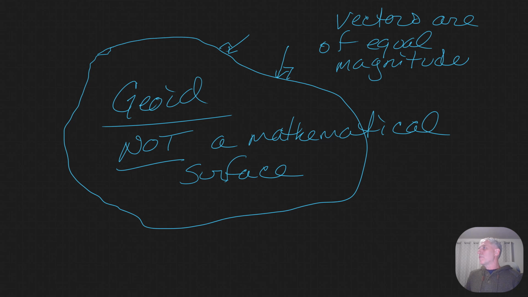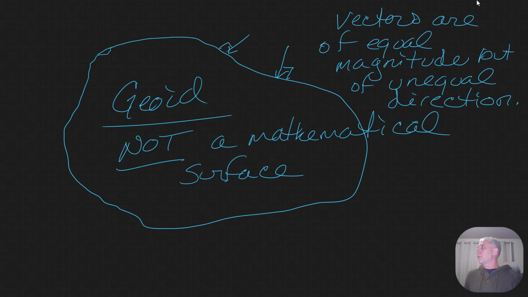But since those vectors are always perpendicular to the equipotential surface, and the equipotential surface is non-uniform, they are of unequal direction. And this is nothing new. We touched on this topic a bit ago.